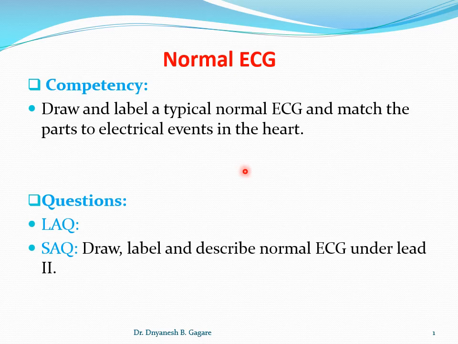You should be able to draw and label all waves, segments and intervals on the ECG. And you should be able to match the electrical events occurring in the heart with the events on ECG paper, that is, electrical events with the waves and intervals.